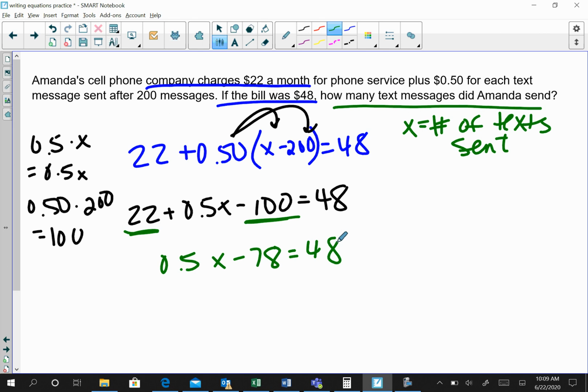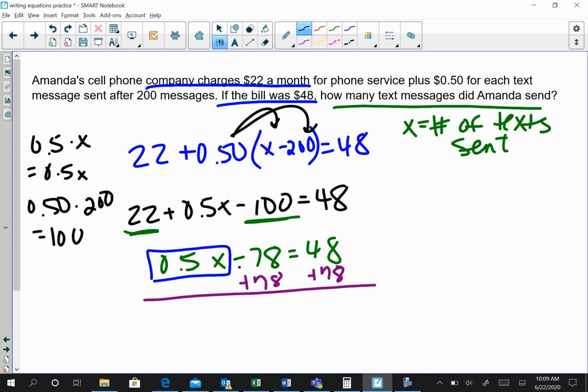Okay, now I need to get the x term by itself. So I need to isolate this term, which means I need to add 78 to both sides. Plus 78 and minus 78, those cancel each other out.